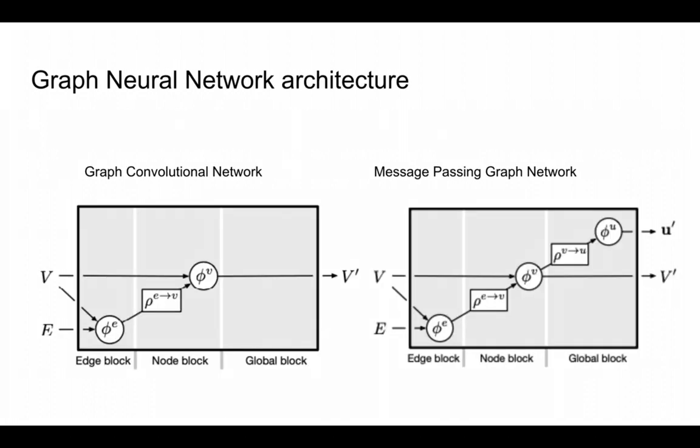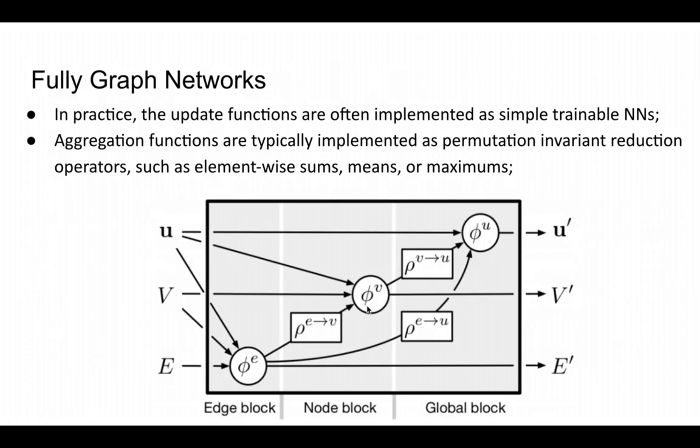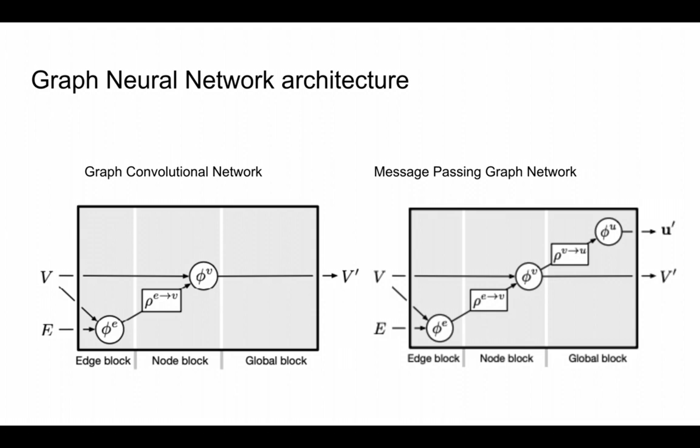Different graph neural architectures. The construction of a different type of graph neural architecture is based on these generalized fully graph networks. We can derive different types of graph neural networks. In the case of graph convolutional network, only the vertex and edge are used to update.